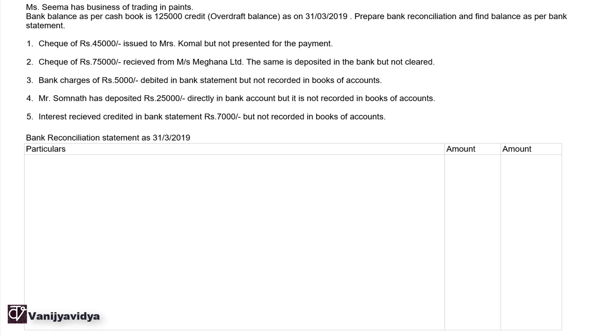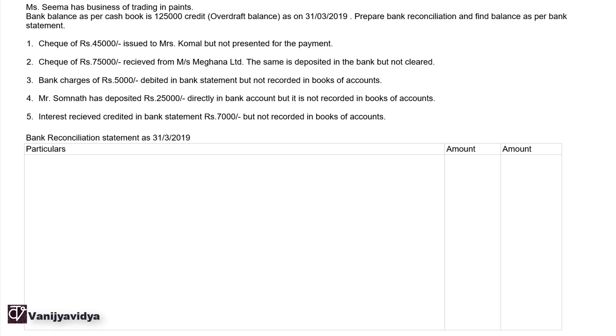The overdraft balance is a facility which is provided by the bank wherein we can over withdraw our bank account to a certain extent or limit as provided by the bank. So in other words, overdraft facility is a short term loan which is given by the bank.